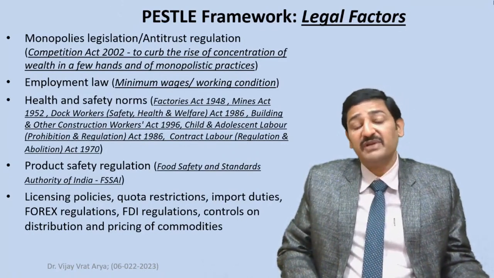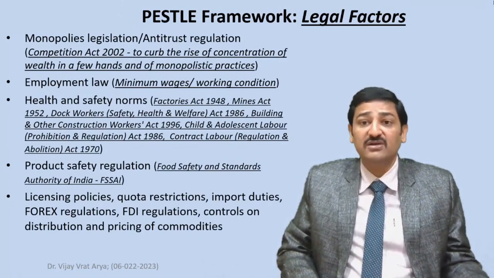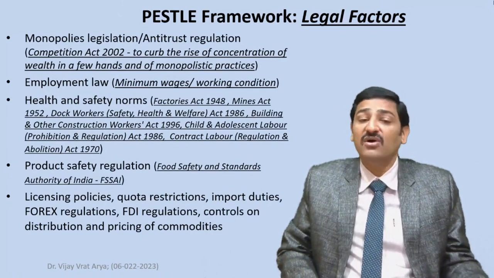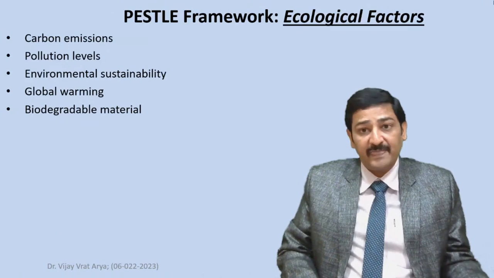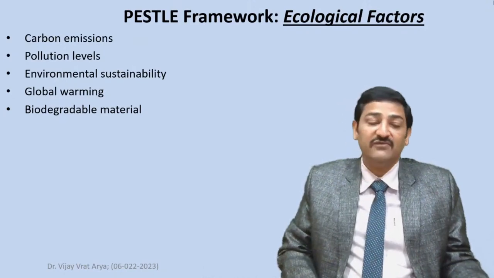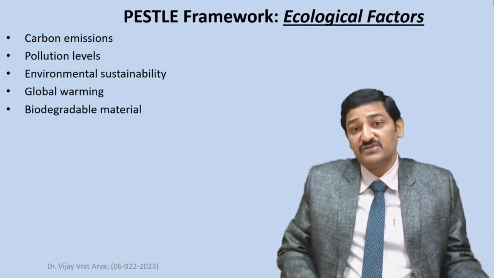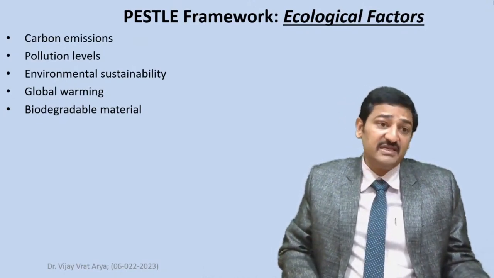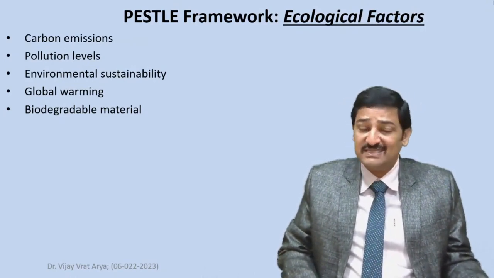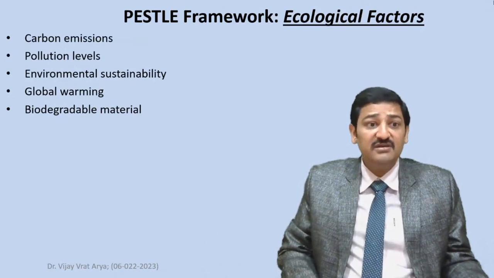Control on distribution and pricing of commodities can also be part of the legal framework in a specific country or on the global platform. The last factor in the PESTEL framework is the ecological environment, which can include the carbon emission position or the standard set for carbon emissions.